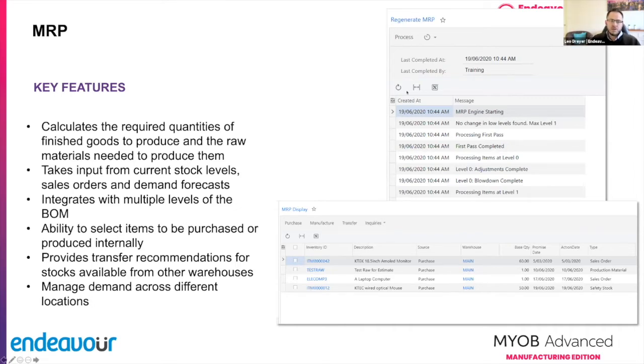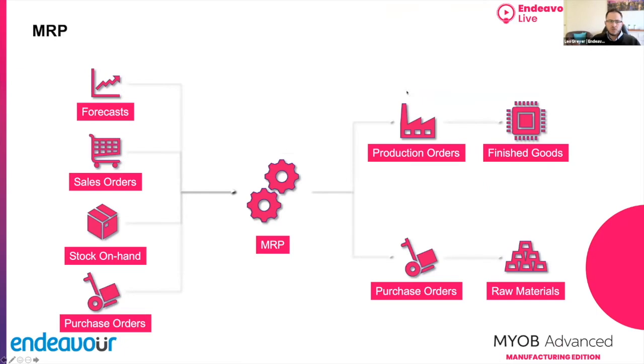On the screen here, you'll see a very quick visual of what the MRP takes into account. There's a lot of different input data that gets taken into account. It compares the demand that you have with the supply and matches it off, and then based on EOQs, minimum order quantities and all these different elements, it will tell the user, this is what we recommend you should purchase or make today.